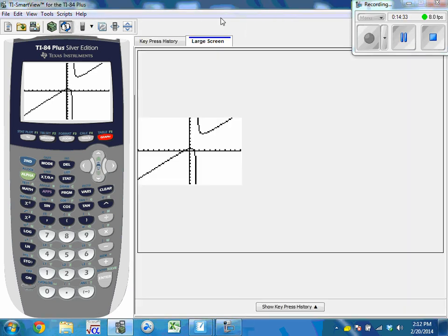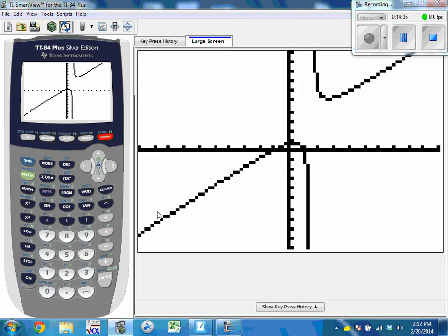You can see all of those things that we found. We're not going to really worry about this slant asymptote right here. We just say there's no horizontal asymptote. Okay.